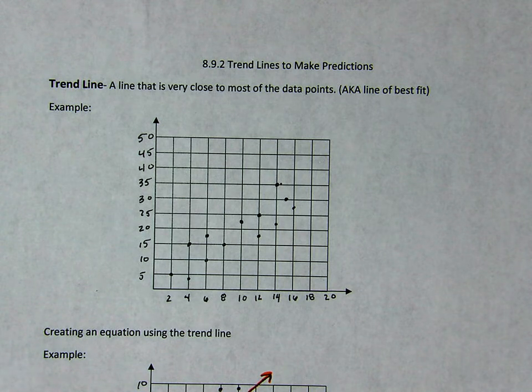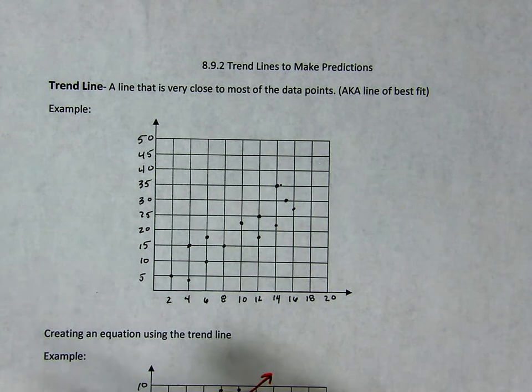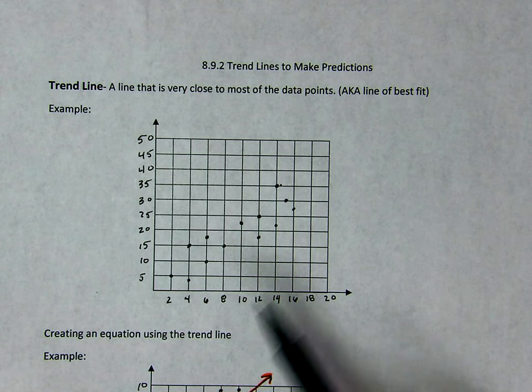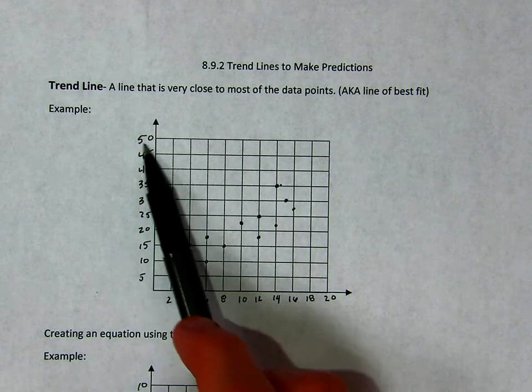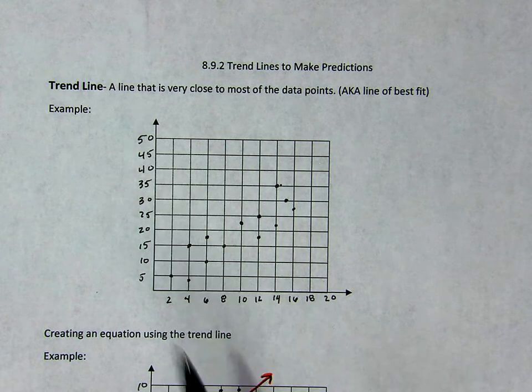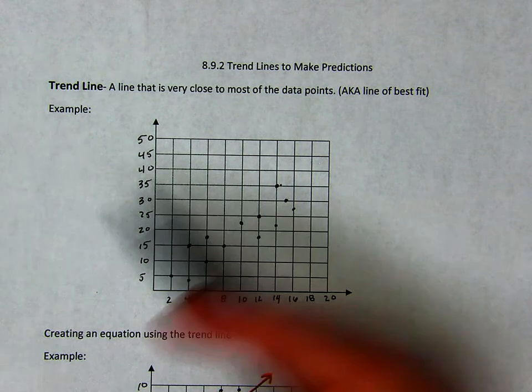Sometimes you will be able to predict those future numbers solely based on what you see on the graph. And other times you're going to have to create an equation for numbers that may not be included. So this only goes up to 20 and 50, and some questions they may ask for way beyond that, that's not listed on this graph.